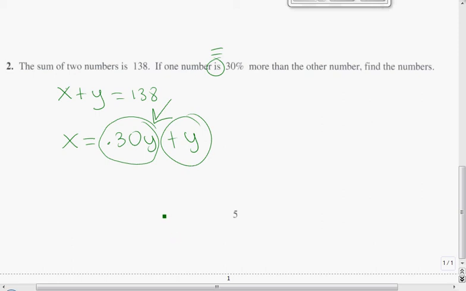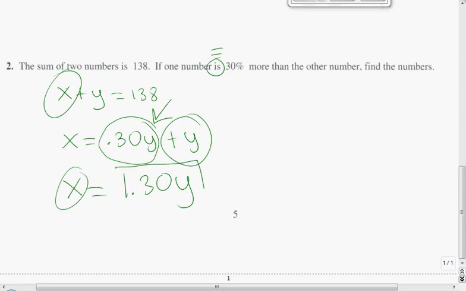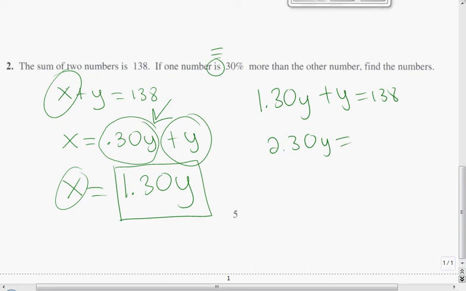Okay, so now that we know that x equals 1y plus 30% of it, we're going to substitute x in the original equation with 1.30y. So 1.30y plus y equals 138. So that's 2.30y equals 138. To get what y is, we've got to divide by the coefficient of y.